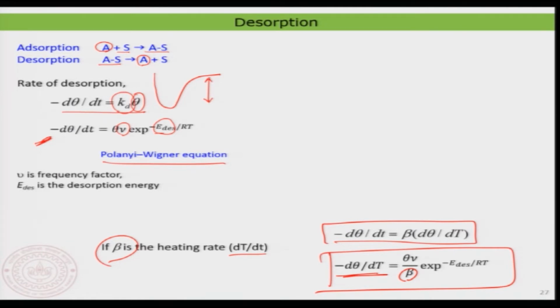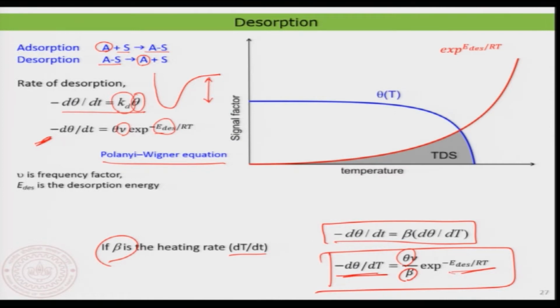If you plot this expression, you can see there are two variables, one is theta, that is the coverage, and the other one is the temperature. Of course, E des, the desorption energy itself, we assume is a constant during the range of temperature that we are looking at.